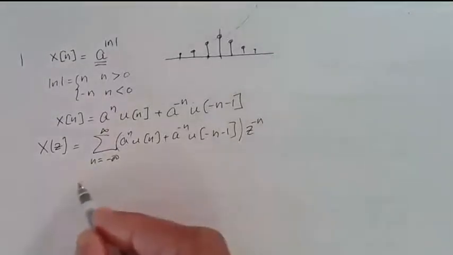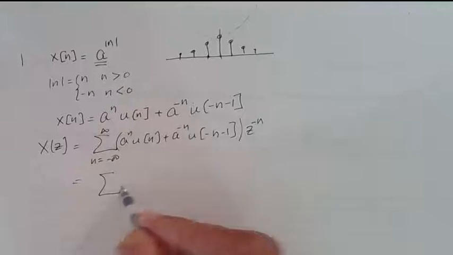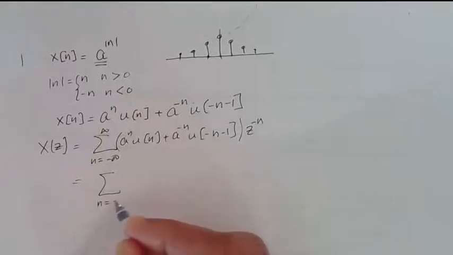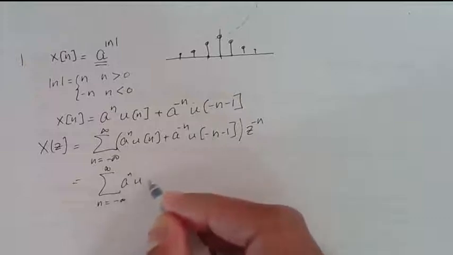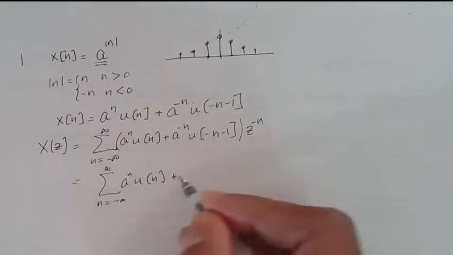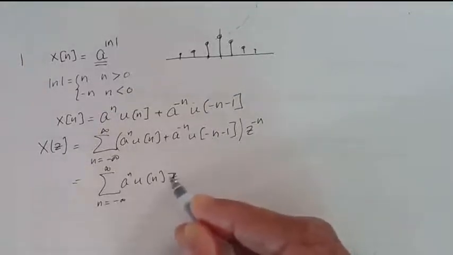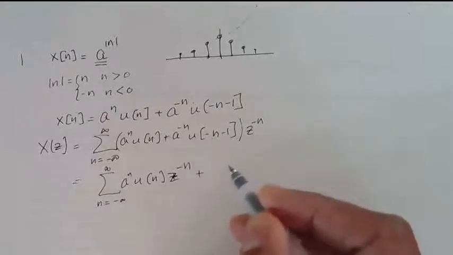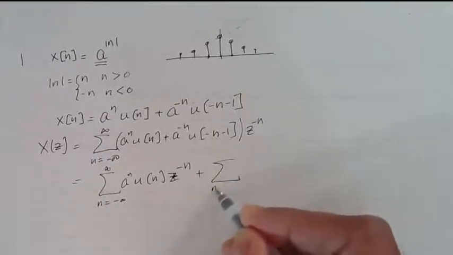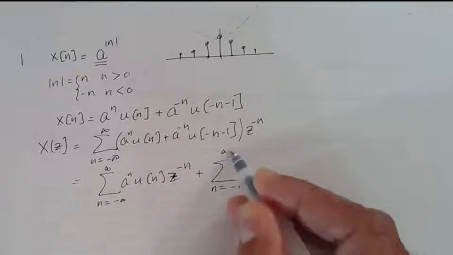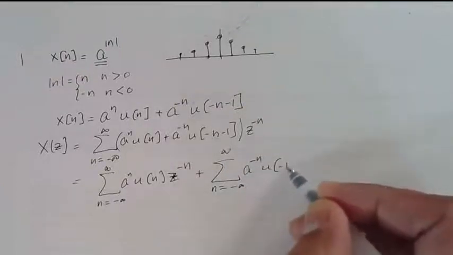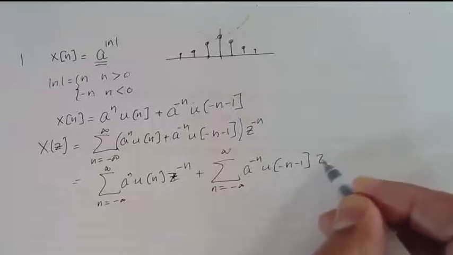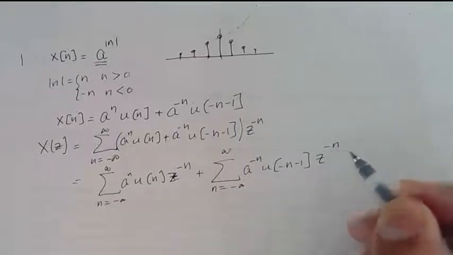So then I can take this and break it up. So this is summation n equals minus infinity to infinity, a to the n u of n z to the minus n, plus summation n equals minus infinity to infinity a to the minus n u of minus n minus 1 z to the minus n.